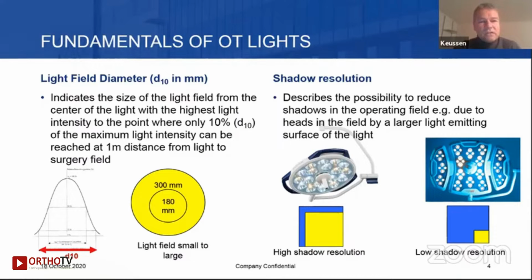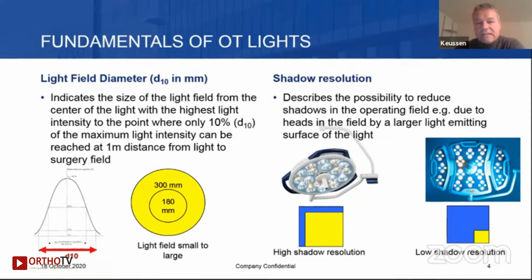Modern LED OT lights have a small light field, for example, only 180 millimeters, and can be readjusted to something like 300 millimeters. This is very important. For example, for deep cavity procedures, you need a small light field, and for larger scale procedures, you may require a larger one, so you can basically refocus during the operation.